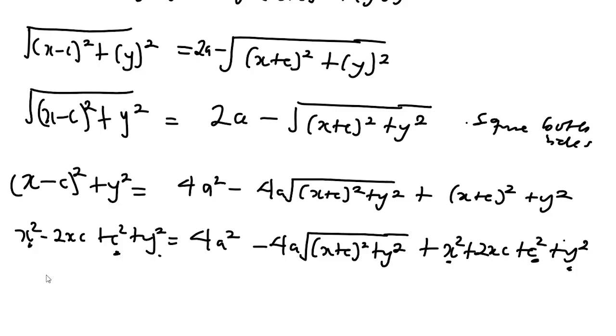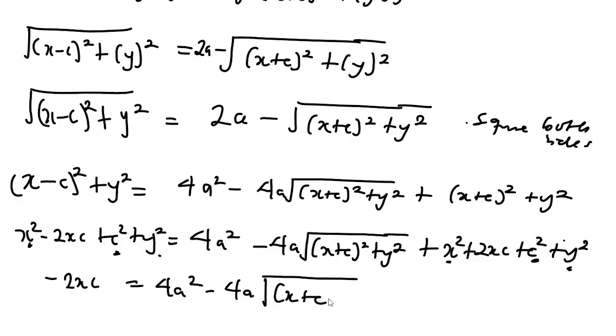So at this point we have negative 2xc, being equal to 4a squared minus 4a root of x plus c all squared plus y squared, then plus 2xc.